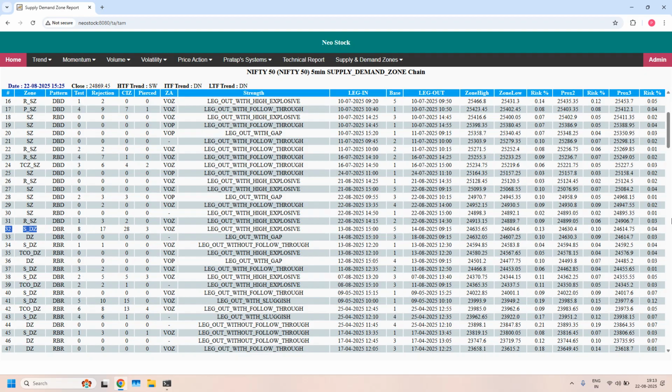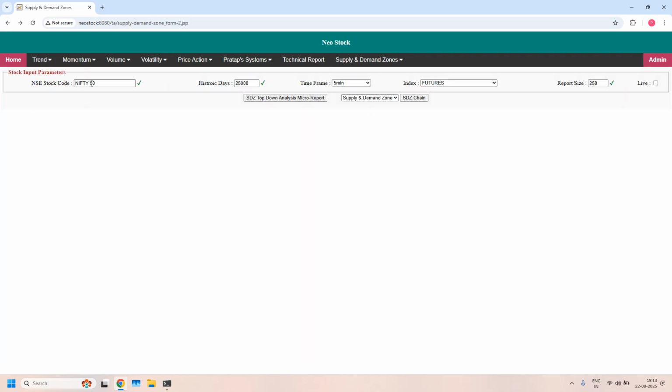Next, I will generate a BANKNIFTY supply demand zone chain. I'm going back, changing the name to NIFTY Bank. That is nothing but BANKNIFTY. Generating monthly supply demand zone chain for BANKNIFTY.